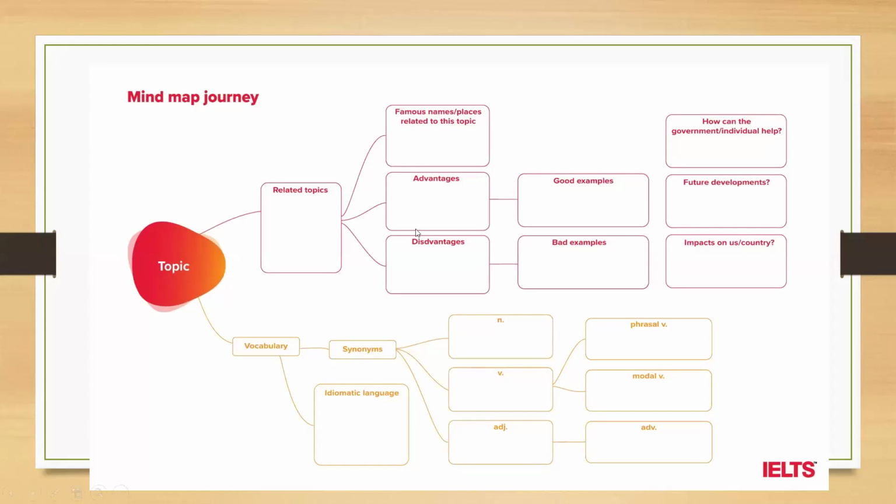So today we'll focus on the first part, where words, related topics. Okay, so famous names, places, advantages, disadvantages, good, bad examples, and so on and so forth. Not in a particular English or lexical structure, but just ideas you put together to talk about.